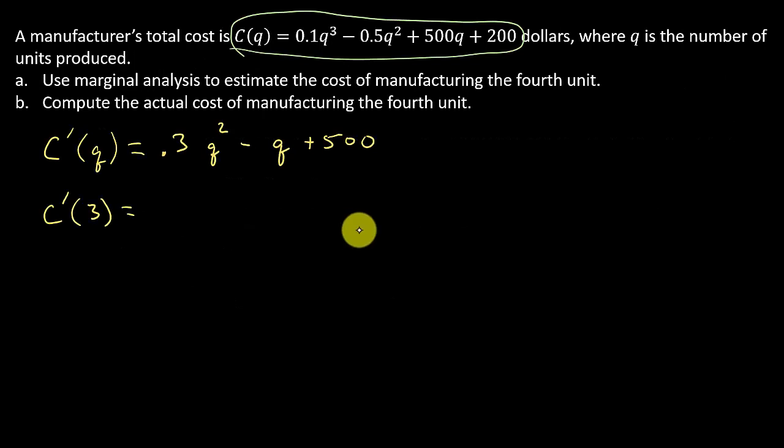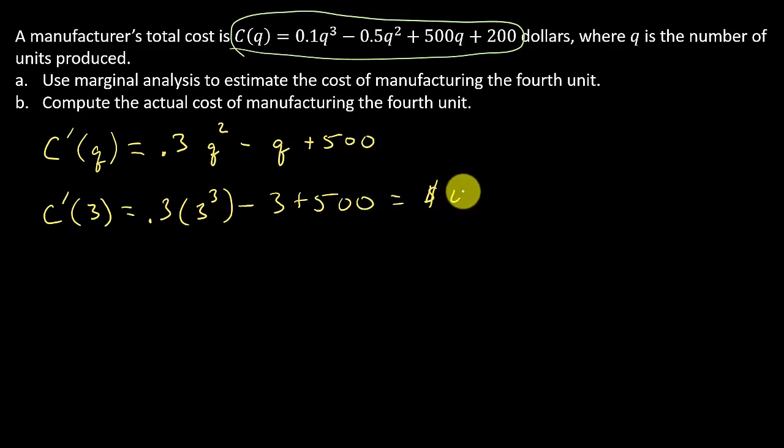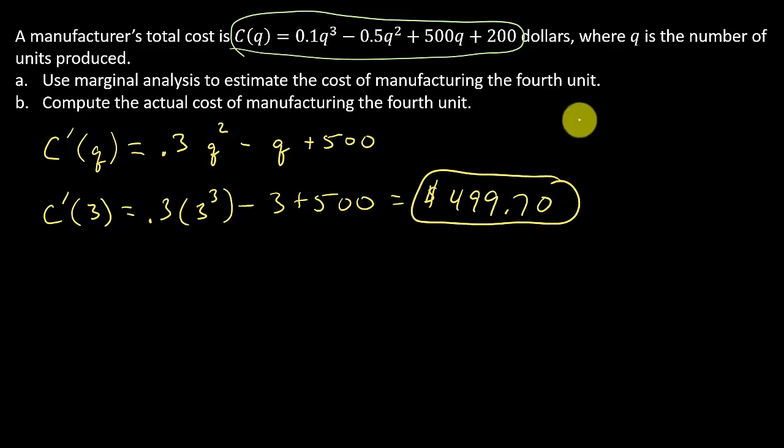So we just plug the 3 in, so that's 0.3 times 3 squared minus 3 plus 500, and that will give us 499.70. All right, so we estimated the cost of manufacturing the fourth unit.